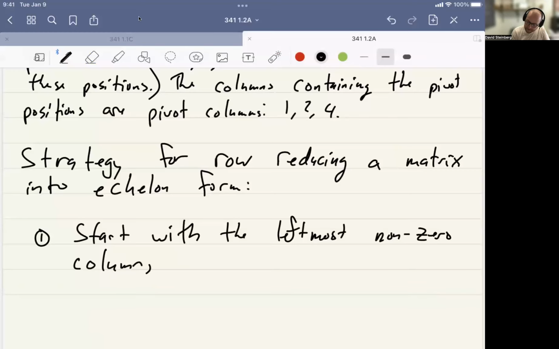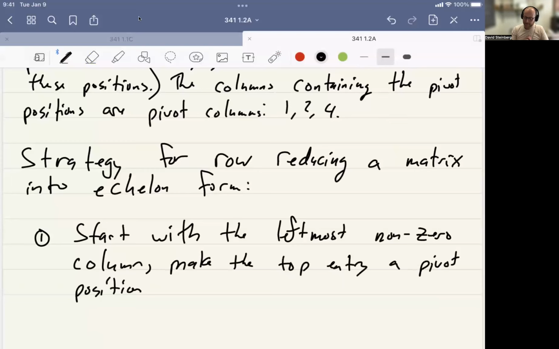We want the pivot position to be at the top of this column. So make the top entry a pivot position, by swapping rows if necessary. If we go back, that's what we did.